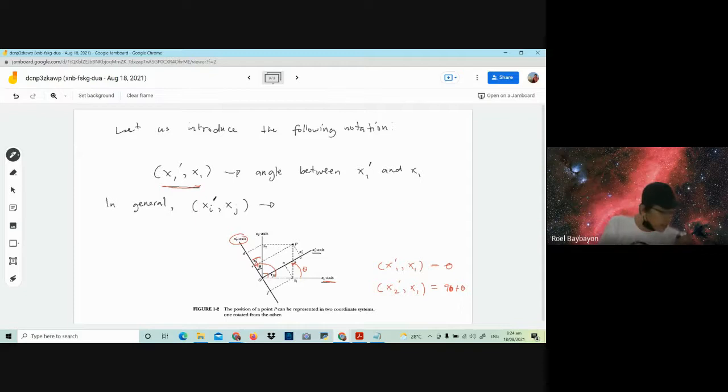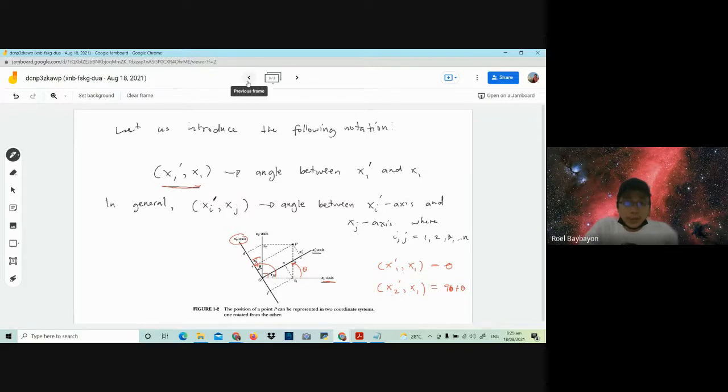The angle xi prime, xj is the angle between the xi prime axis and the xj axis, where i and j run from 1, 2, 3, to the end.